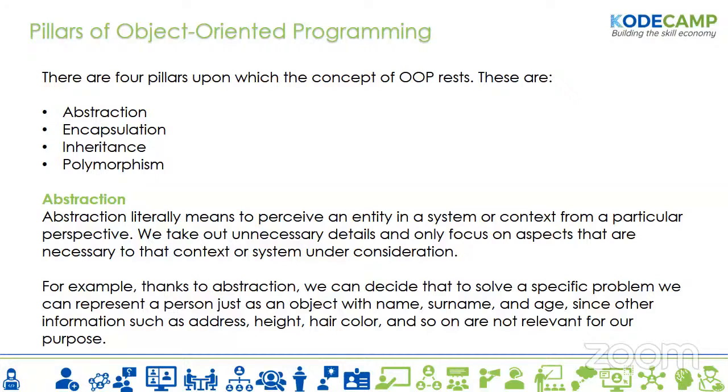So it borders on the concept, and that's why at times abstraction may not always be considered as one of the pillars, because it has to do with the logic of the human who is putting the class or the object into consideration. So in abstraction, we are trying to solve a specific problem and we want to represent the entities that are involved as objects, and we are putting away all the things that are not relevant for that purpose. So it's always about context.